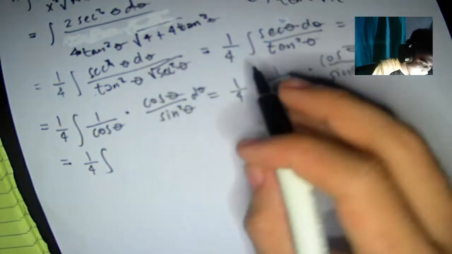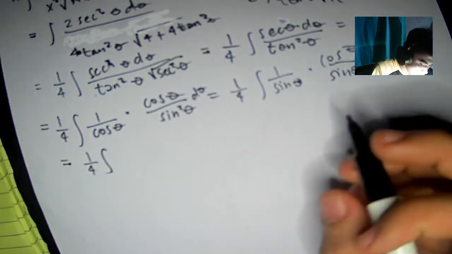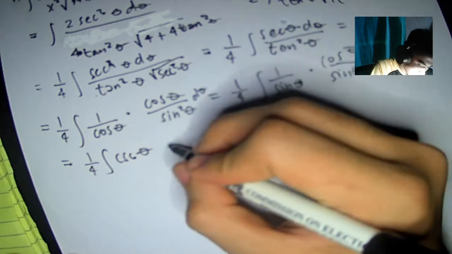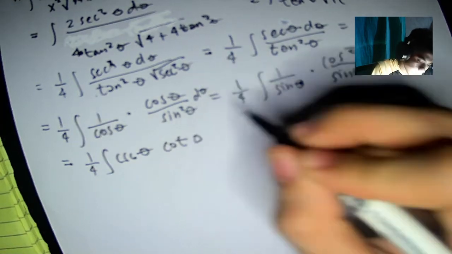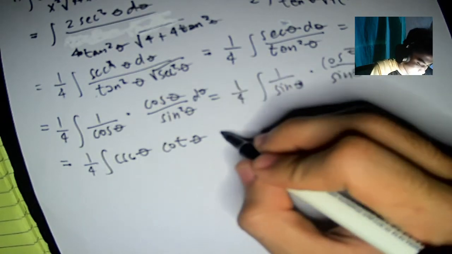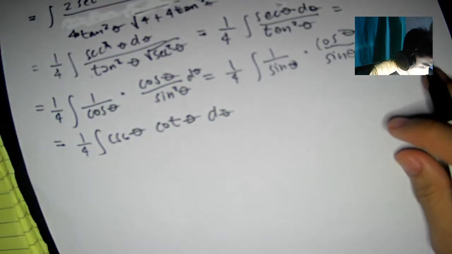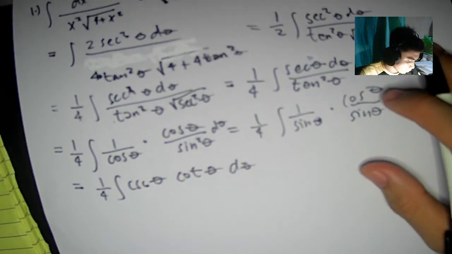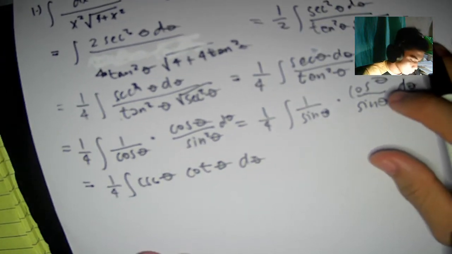So 1 over sine theta is cosecant theta times cotangent theta. So let's recall our antiderivative formula.